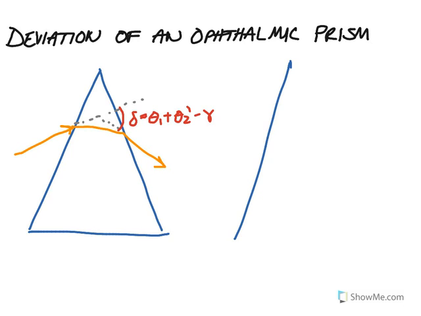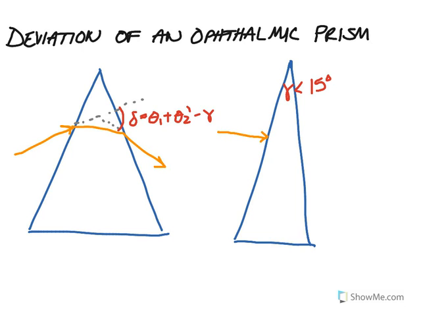An ophthalmic prism would be one that we would prescribe in a pair of glasses. So it's a thin prism. The apical angle is less than 15 degrees for it to be considered an ophthalmic prism. And they're situated in the glasses, and we prescribe them so that the incident ray and/or the emergent ray are very close to normal.